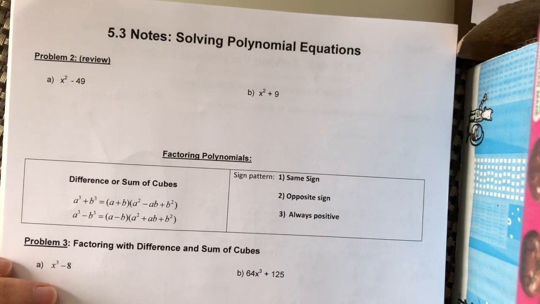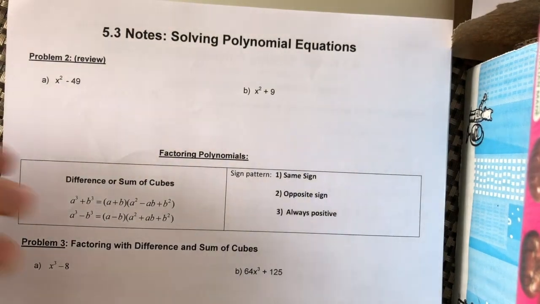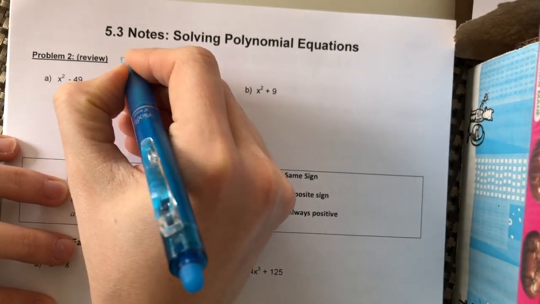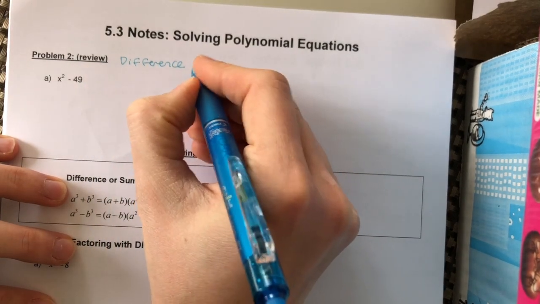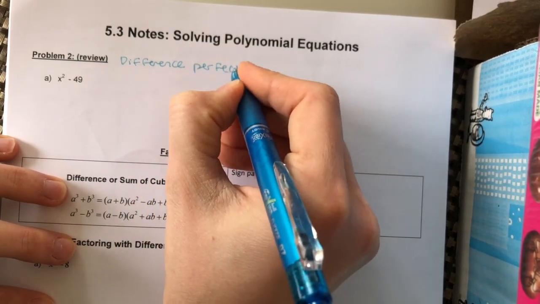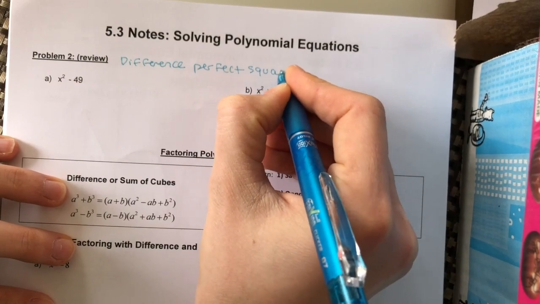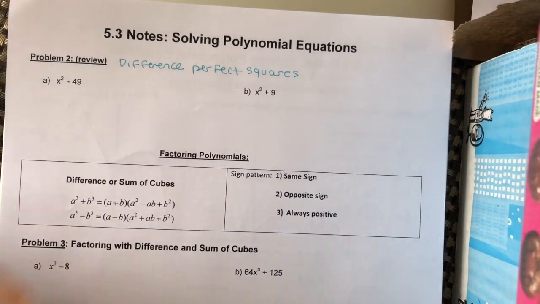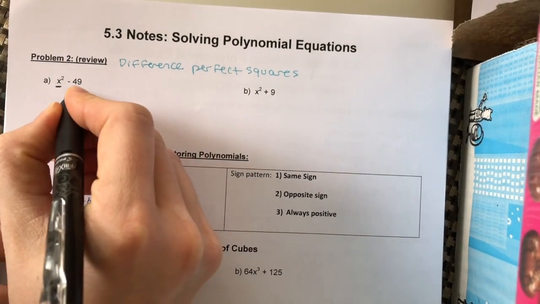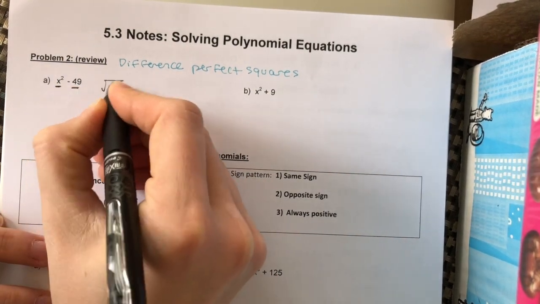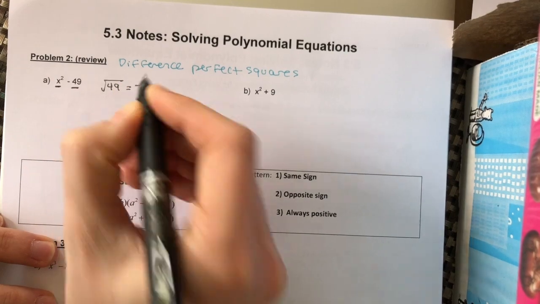Okay? So quick review. This is called the difference of perfect squares. And it comes out with this really nice formula. Notice that this is a perfect square, and so is this. Square root of 49, that's 7.